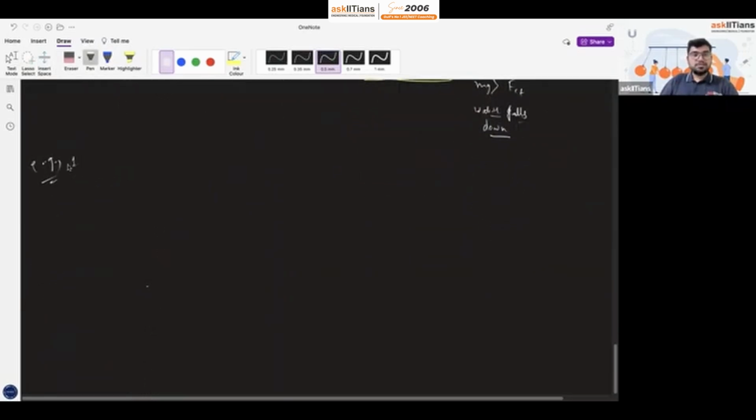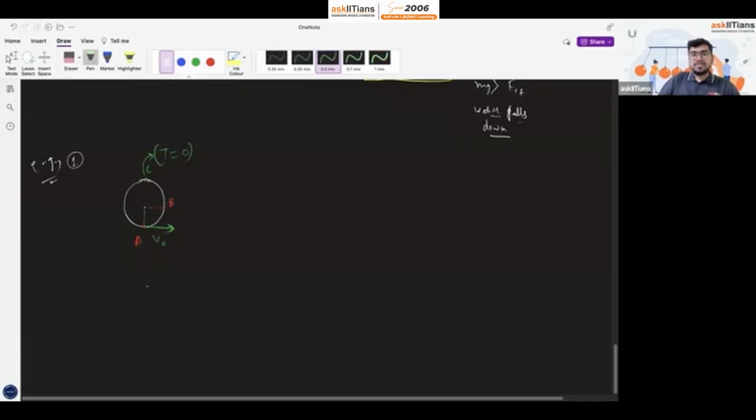So a very basic question: a particle is performing vertical circular motion, say the initial speed given here is v naught, and this point is A, and this point is B. And they have said that at this point C, the tension has become just 0, but it is still performing the vertical circular motion.